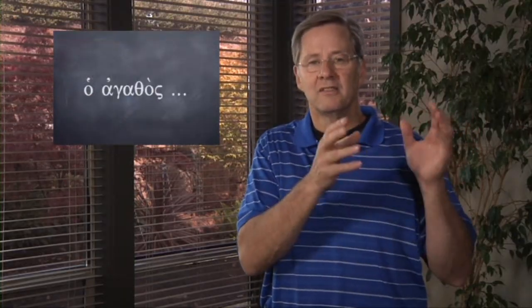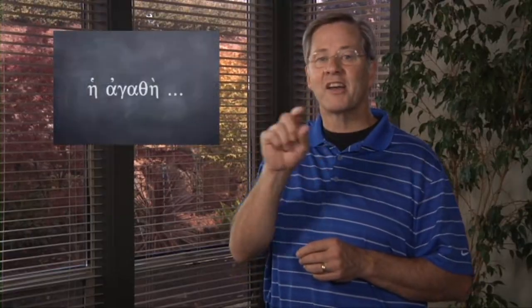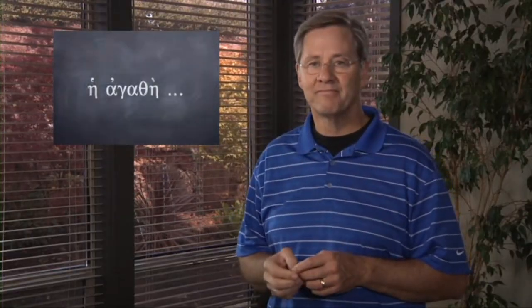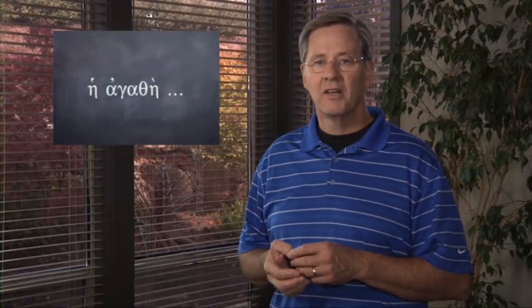So if you have agathos and it's referring to a single male, you're going to use the masculine singular, aren't you? And you can say agathos. But let's say you came across and you saw agathe, feminine. What do you do with it? Well, it's referring back to a single entity, which is female, and so you would understand why its gender is feminine, because it's going back to something that is female.